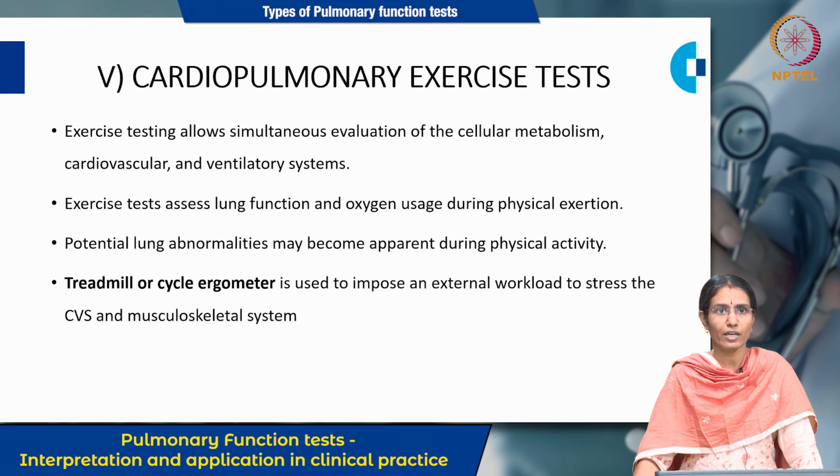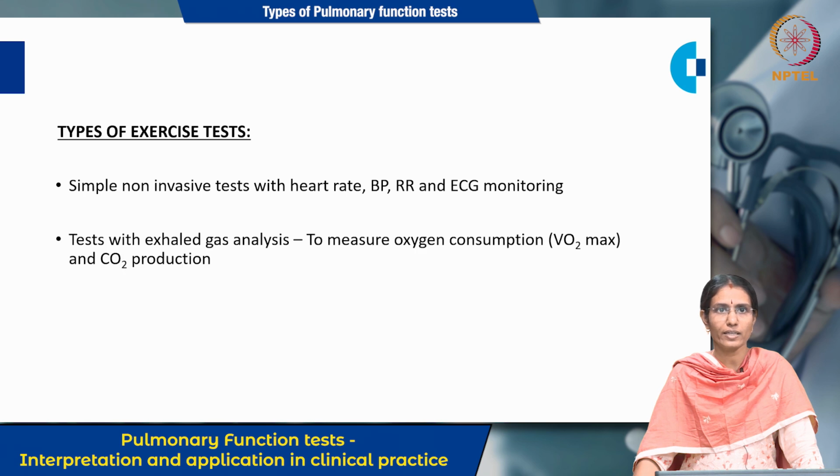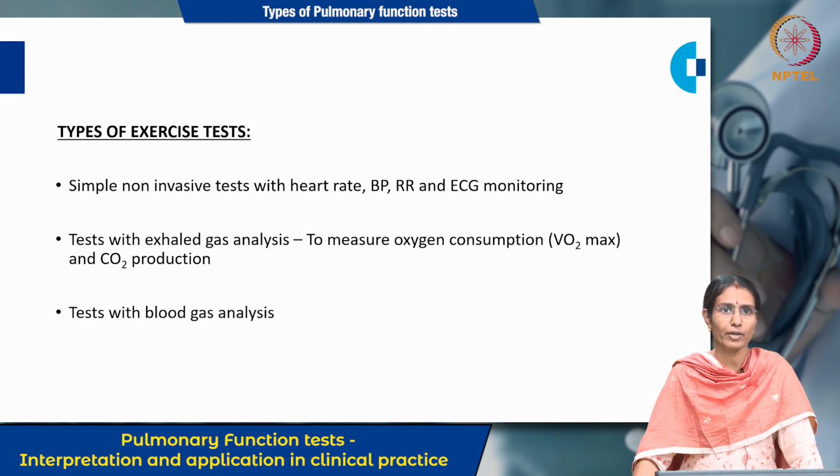So the subject is asked to exercise using a treadmill or a cycle ergometer. An external workload is imposed on the cardiovascular system and musculoskeletal system, and then the parameters are measured. There are different types of exercise tests, like simple non-invasive tests to measure the heart rate, blood pressure, respiratory rate and the ECG, then tests combined with exhaled gas analysis to measure the oxygen consumption, which is called the VO2 max, and the carbon dioxide production, and tests with blood gas analysis.